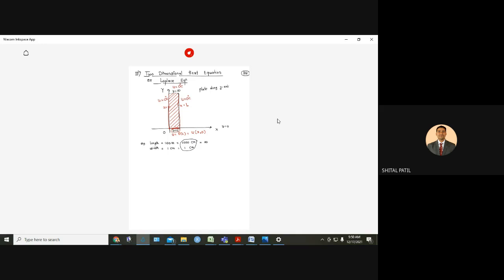So you can write in this way. Plate along y-axis. The width of the plate, you write in this way. Consider a rectangular plate.